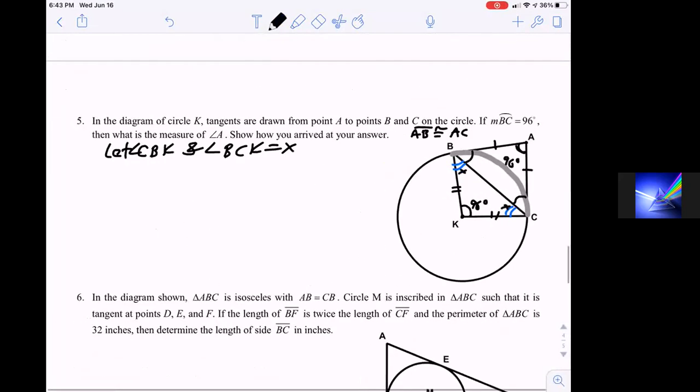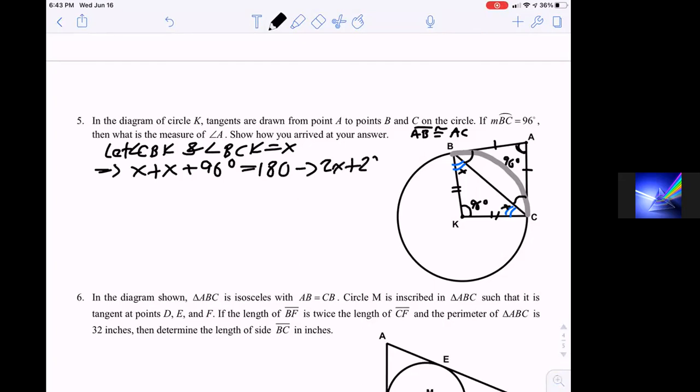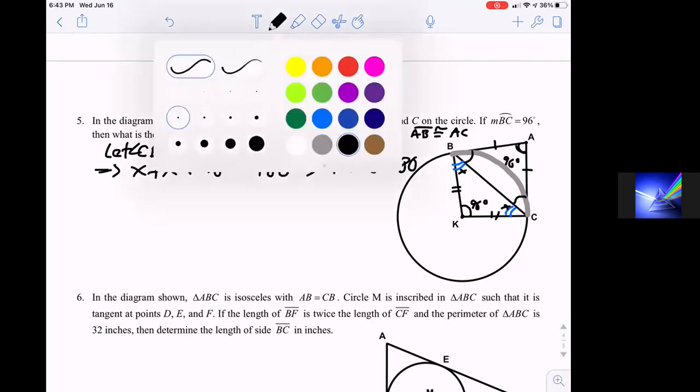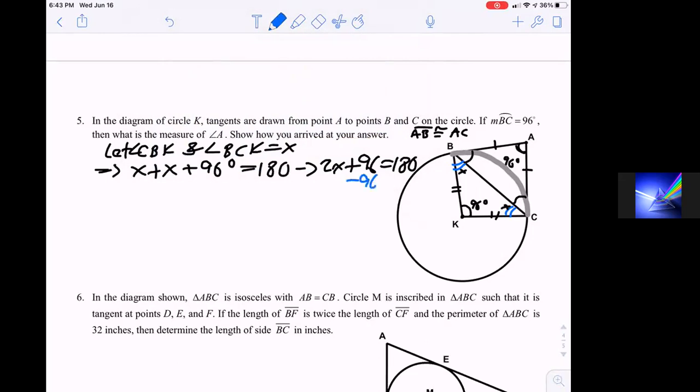Now, since they're the same thing, here's what we know. We know that this angle plus this angle plus this angle has to add up to 180 degrees. So X plus X plus 96 equals 180. Well, that's 2X plus 96 equals 180. At this point, let's remove the 96.